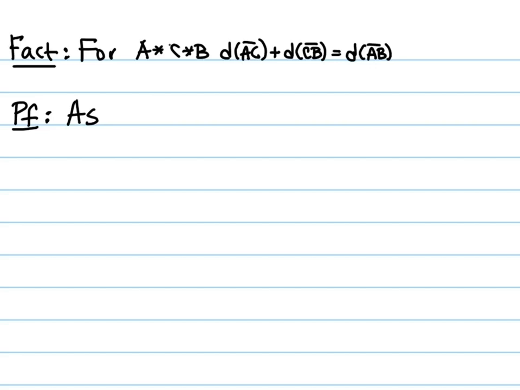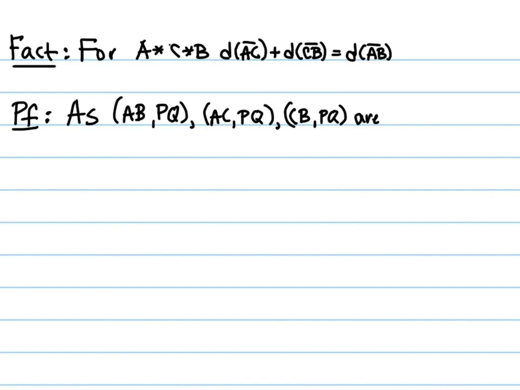Because the cross ratios of AB to PQ, AC to PQ, and CB to PQ are greater than 1, their logs will be positive. The logs are greater than 0, so we're going to drop the absolute values.